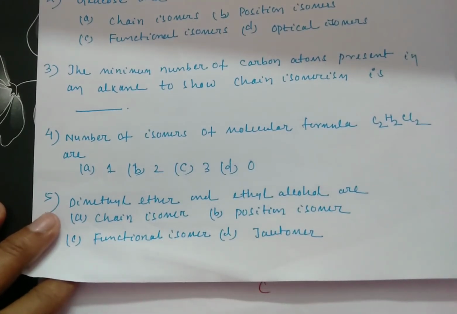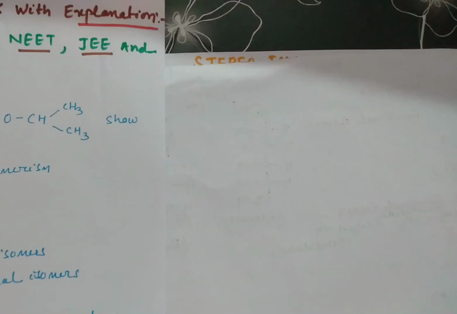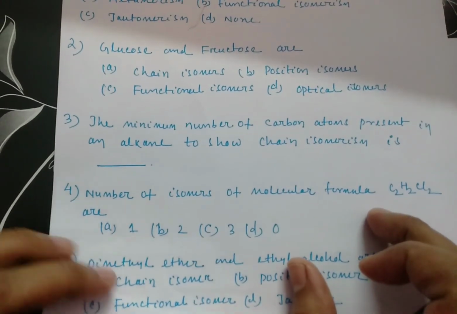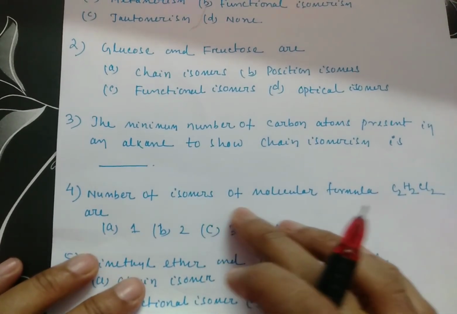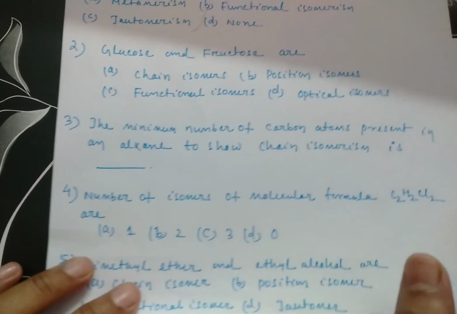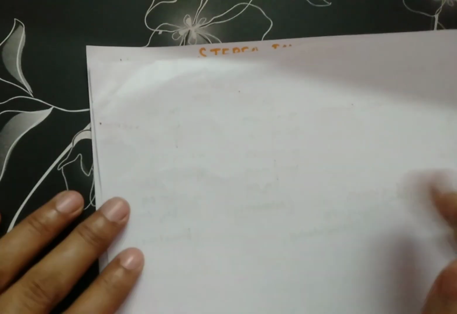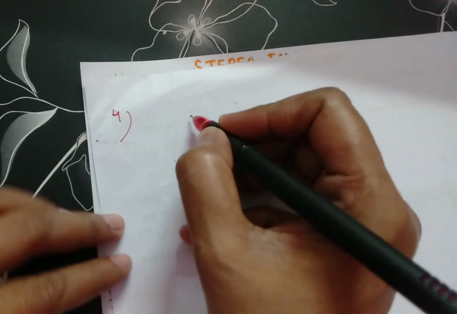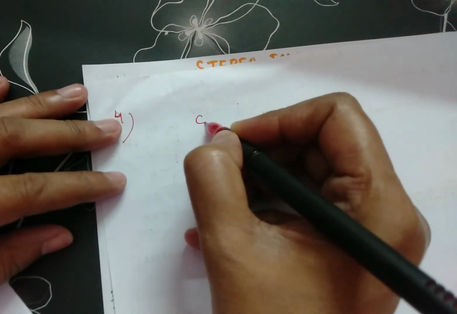That means in this compound, how many isomers are possible? So now for this question, let us draw the structure. How many isomers are possible in C2H2Cl2? See here, for question number 4, if I write the compound like this, how many carbons are there? 2 carbons.